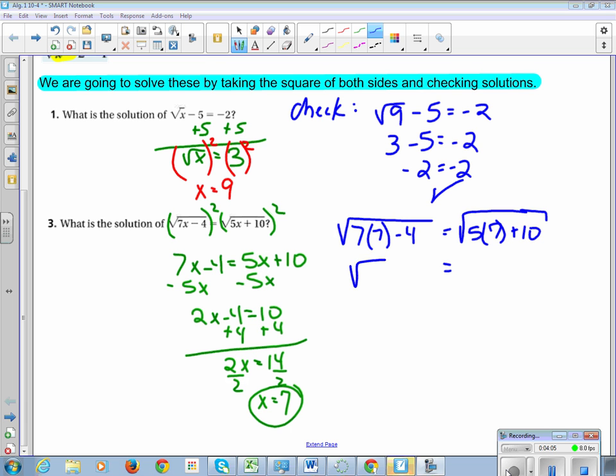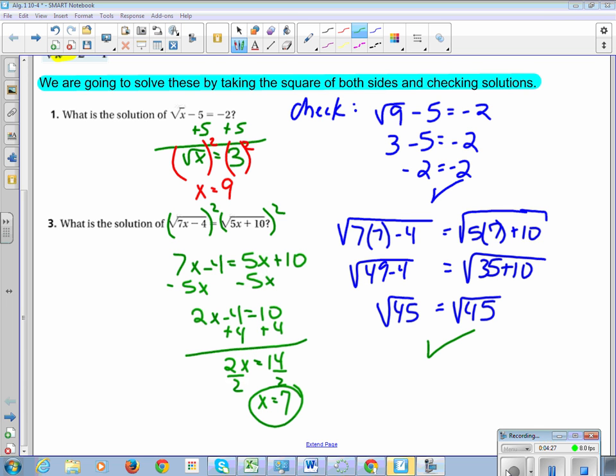So this is the square root of 49 minus 4, and this is the square root of 35 plus 10. 49 minus 4 is the square root of 45, and 35 plus 10 is the square root of 45. These are definitely equal. So this answer checks out.